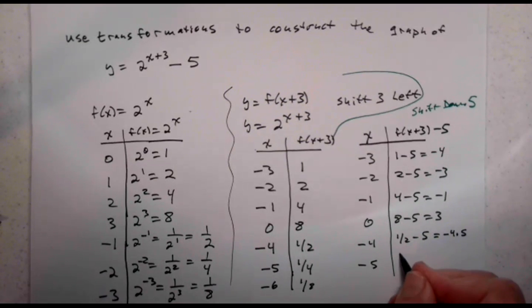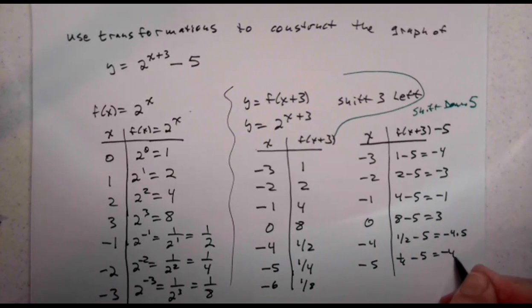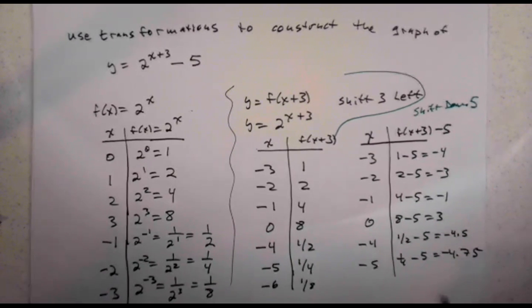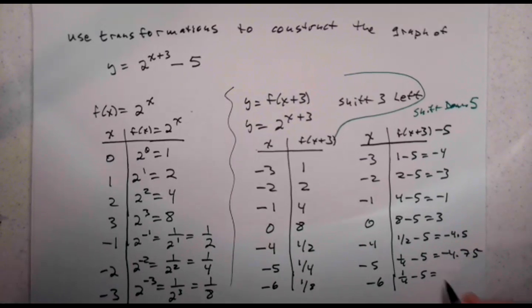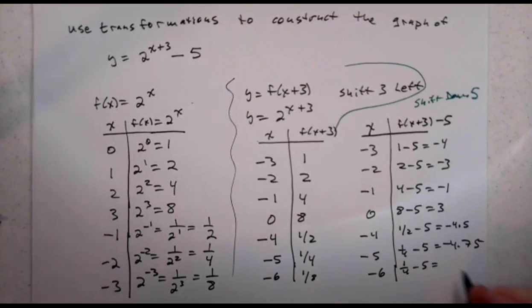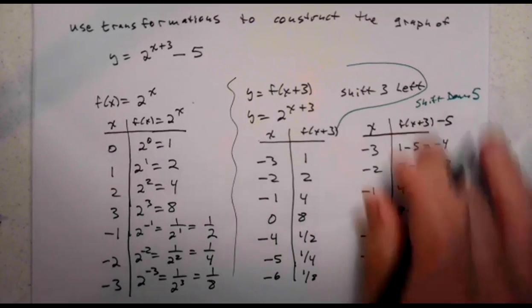Negative 5, a quarter. What's a quarter? Take away 5. It's negative 4 3/4. And negative 6, an eighth minus 5 would be negative 4 7/8, which is negative 4.875. So these should be the points.